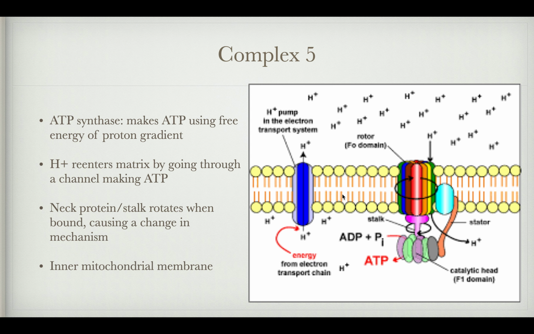And remember that the inner mitochondrial membrane is selectively permeable. So no matter what, these things can't enter. The only way they can enter is through this complex.